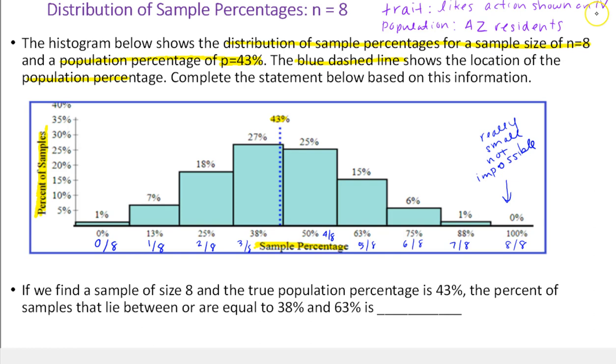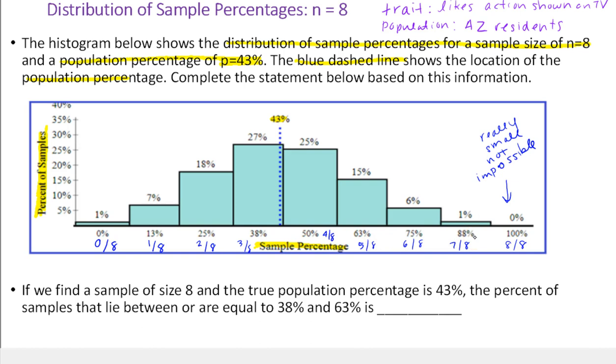Notice the true value is 43%. You can actually not ever get a result of that with n equals 8, so you can't get the true population percentage. That's because no number divided by 8 equals 43%. And we usually use larger numbers for our samples, but then it makes it harder to interpret it like we can with this small one.